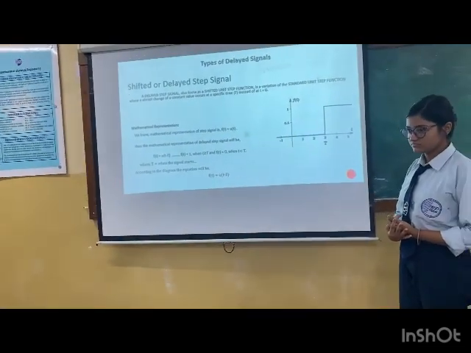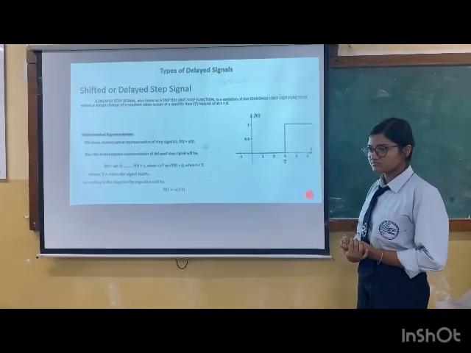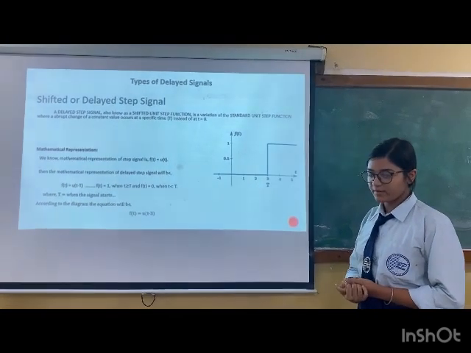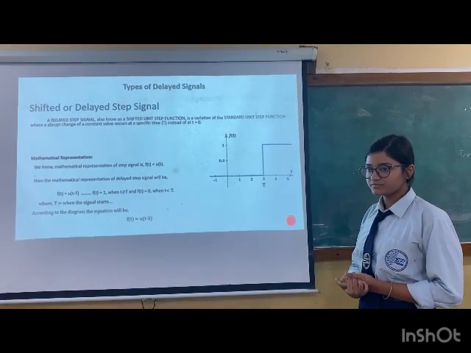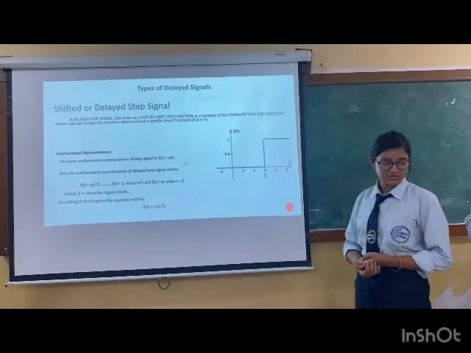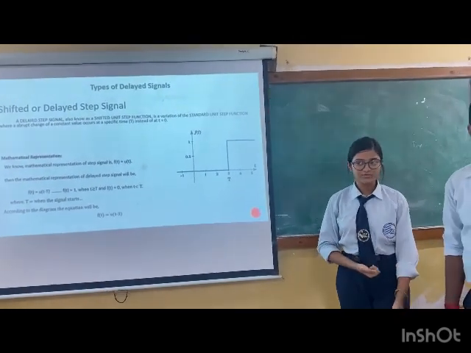Because it is shifted, whereas in the case of the normal signal, it will start from 0. There will be no time gap. So this is the difference between the delayed or shifted and the normal signal. Okay, next slide.